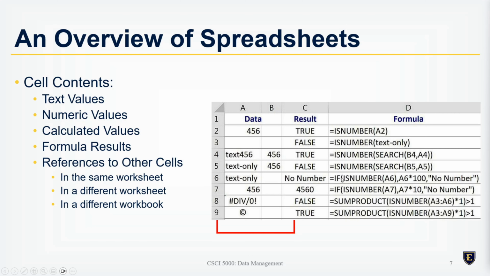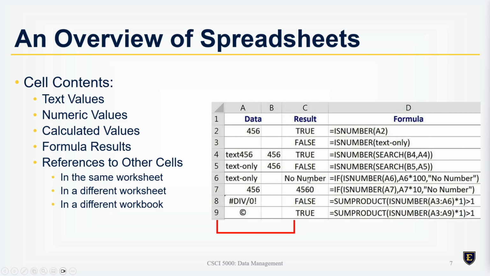This one says if there's a number in A6, then what you would do is multiply the value from A6 times 100. Otherwise, if this A6 value is not a number, then display no number.